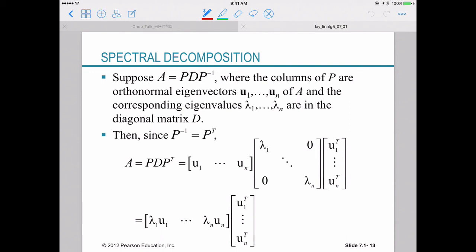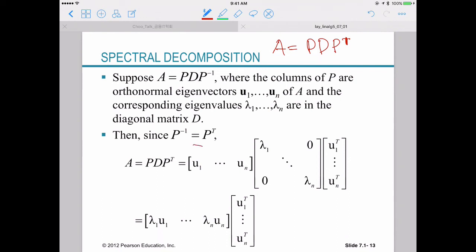Okay, so we proved this spectral decomposition, and in the case of a symmetric matrix, you will always have this orthogonally diagonalizable form. In that case, let's look at some manipulation of this.